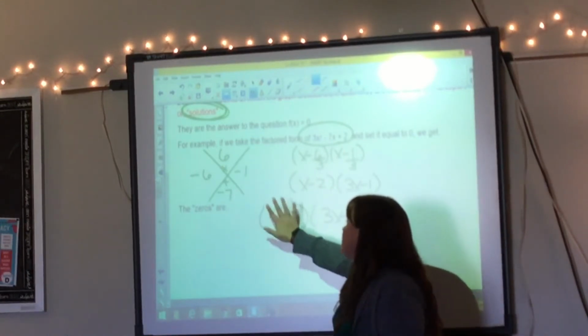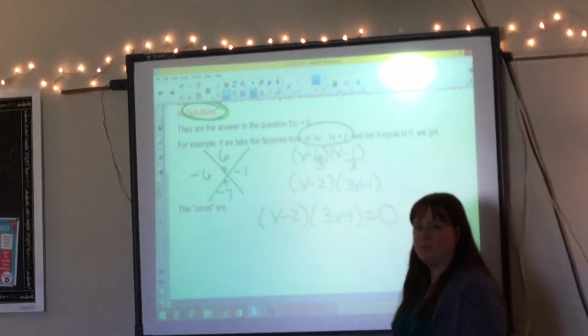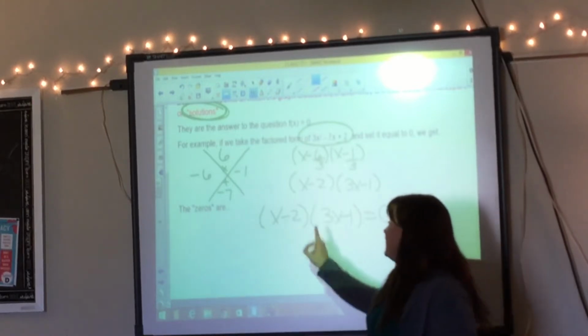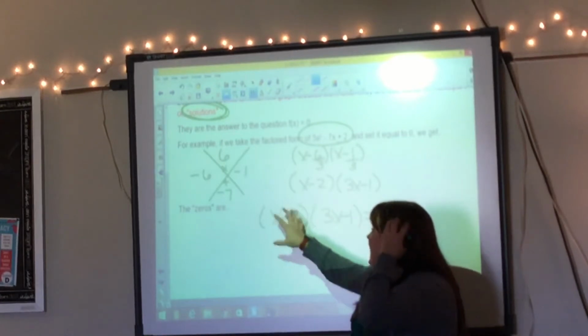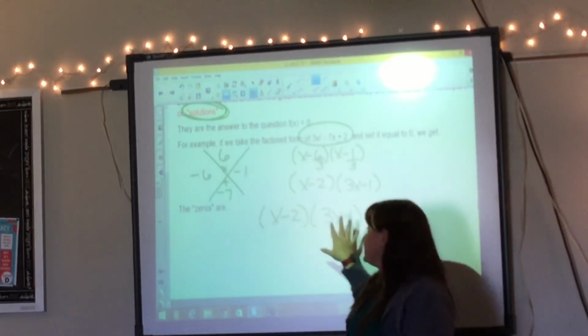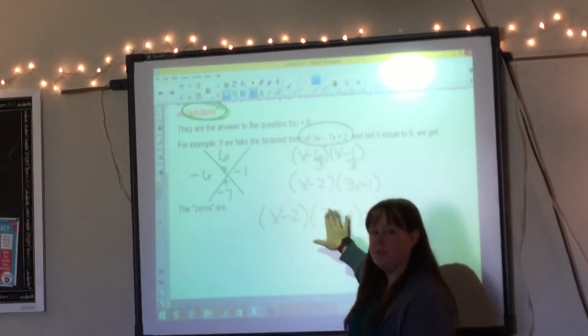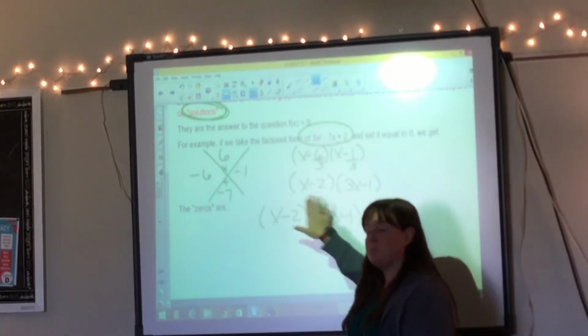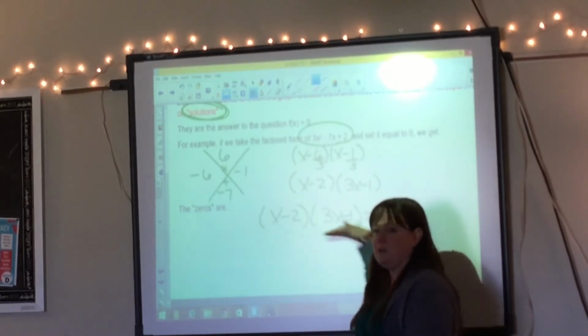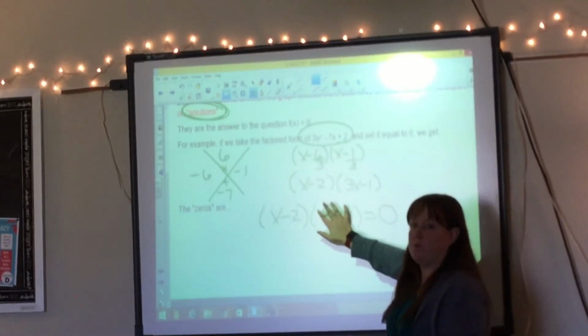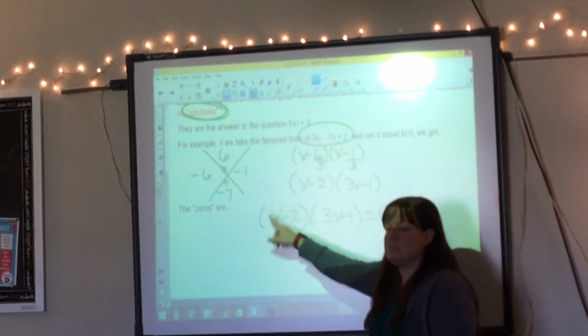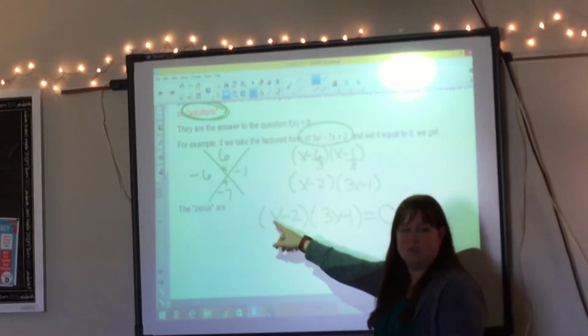If this factor was equal to 0, what would the whole thing be equal to? Because doesn't matter what this is, this could be 100 million inside of this, if I multiply it by 0, the whole thing becomes 0. Does that make sense?